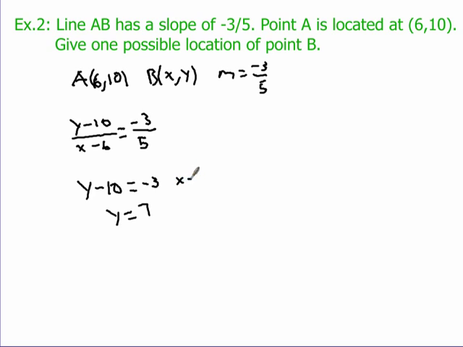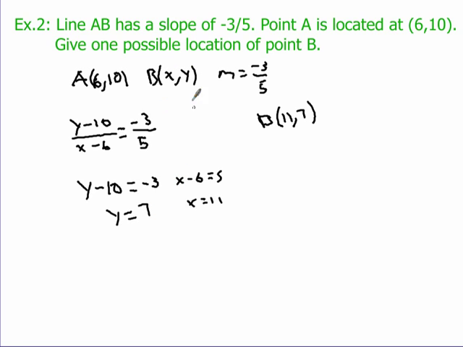And x minus 6 equals 5, that's x equals 11. And there we go. Did I have that right? Yes, I do. There's our point B. Point B is at 11, 7. Just like that. All we did was take our information we know, plug it in, and solve for what we don't know.